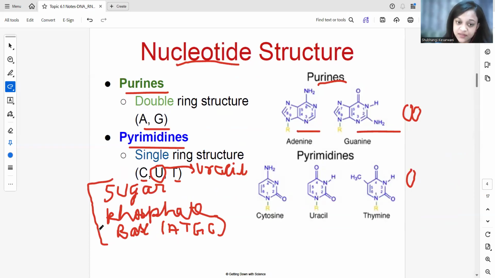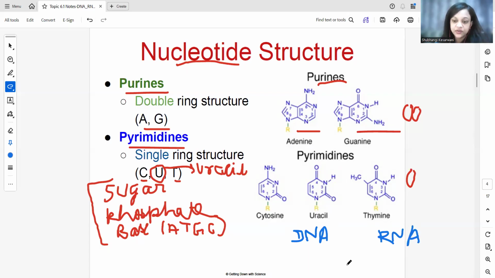page, we have discussed the pyrimidines, right? Okay, so we have DNA. See this very carefully. We have DNA and we have RNA.